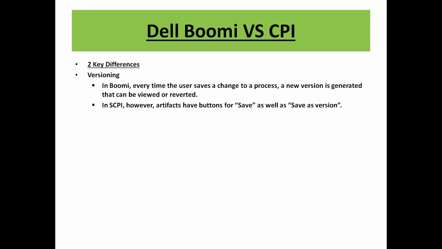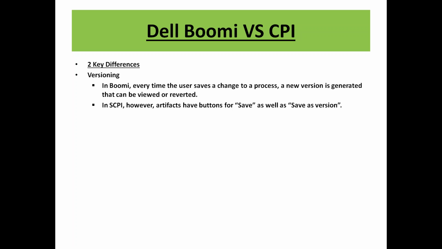Initially, if it is version 1.0 and you make a small change, it will be saved as version 2.0, like that. The Boomi environment itself takes care of the versioning.